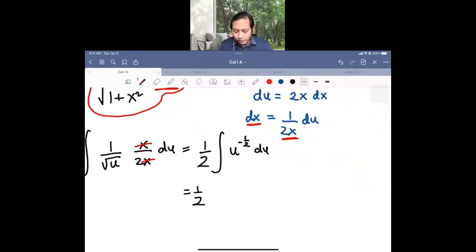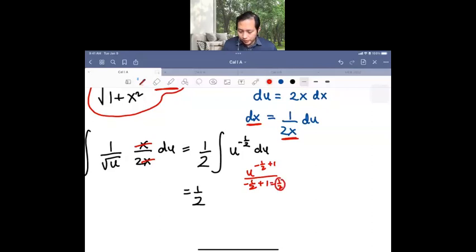So u to the power of half, plus 1, and then this will also be half.